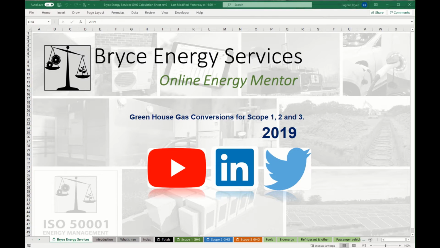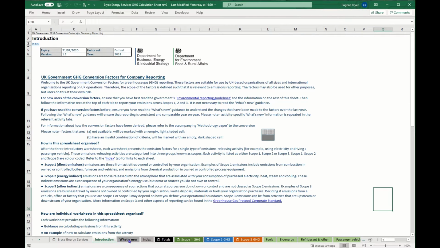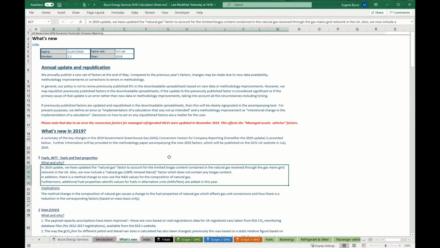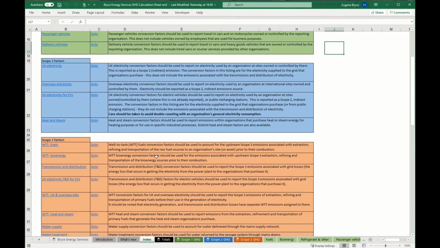So this is my version of the government greenhouse gas emissions spreadsheets. I've added my own front page. This is all the original document, so we are looking at 2019, and each of the pages has information that's useful for describing which element you should be looking at, and a nice index to all the pages.